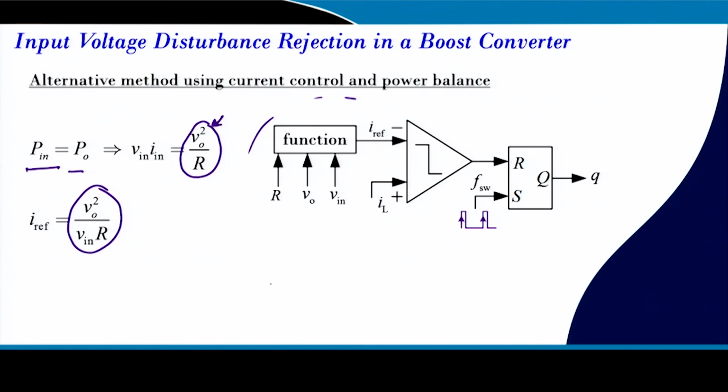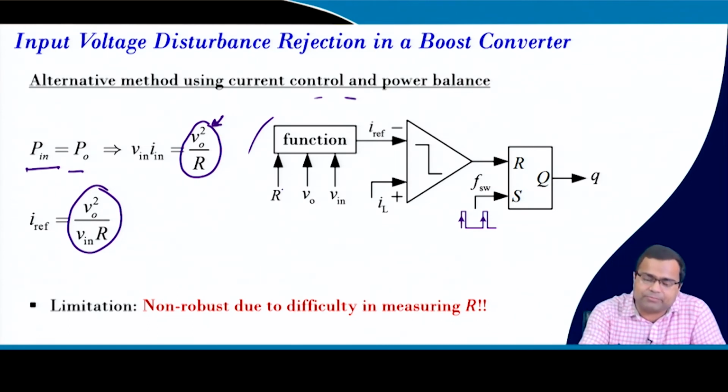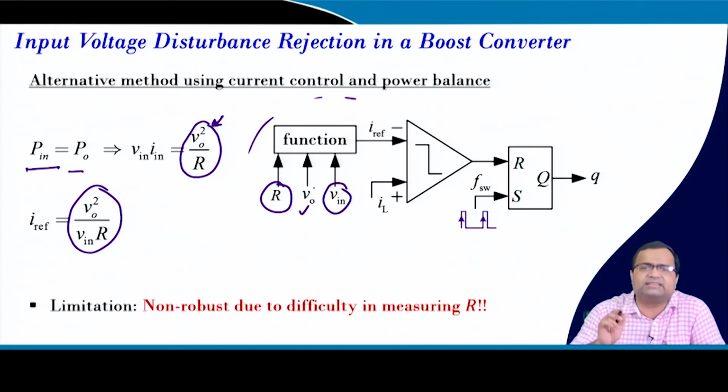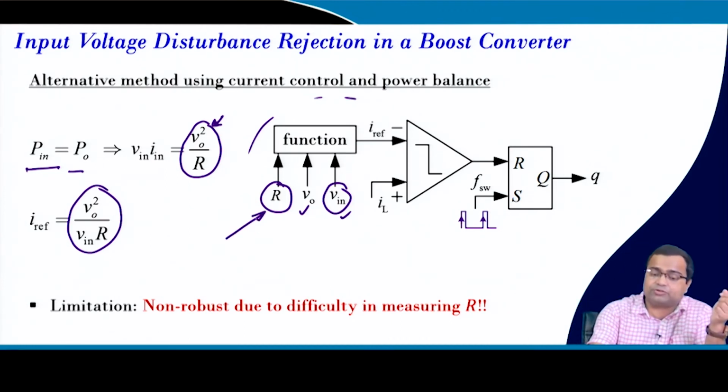So what we learn is that we can drastically reduce the disturbance, but the problem is that we need the information of load resistance and the input voltage. Though we are sensing output voltage, which is available, and even input voltage sensing is not a big deal, the problem is the load resistance, because you do not know it.